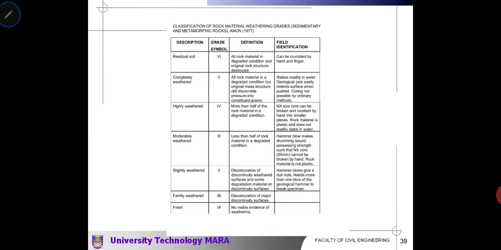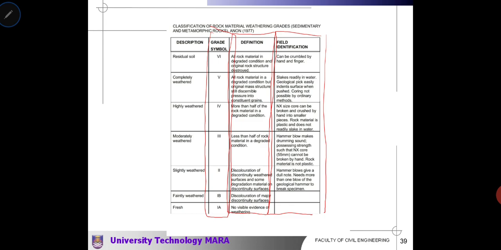If you want a detailed explanation about the grade symbol, this is the grade symbol and how that grade symbol is defined, and then when you go on site, how you identify your material or your site area.